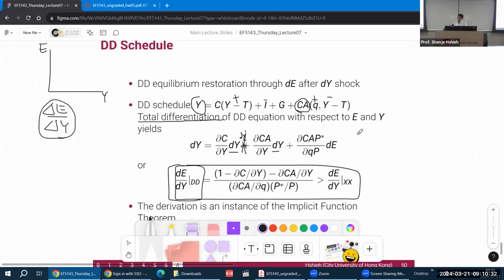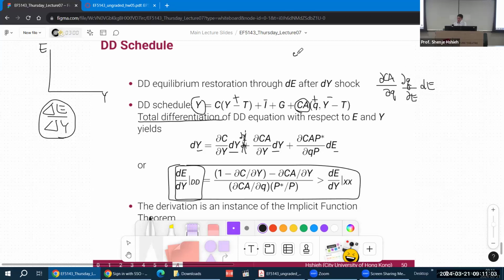So here we do partial CA over partial Q, and then we realize that we need two parameters, we're going to do total differentiation with respect to two variables again, Y and E, not Q. So we did Y already, so for Q, we need to do partial Q with respect to partial E, right? And then dE.